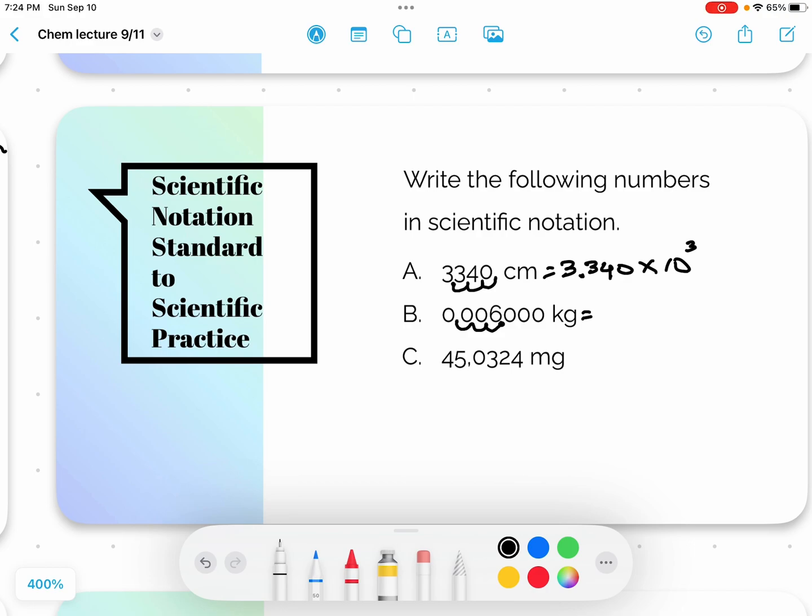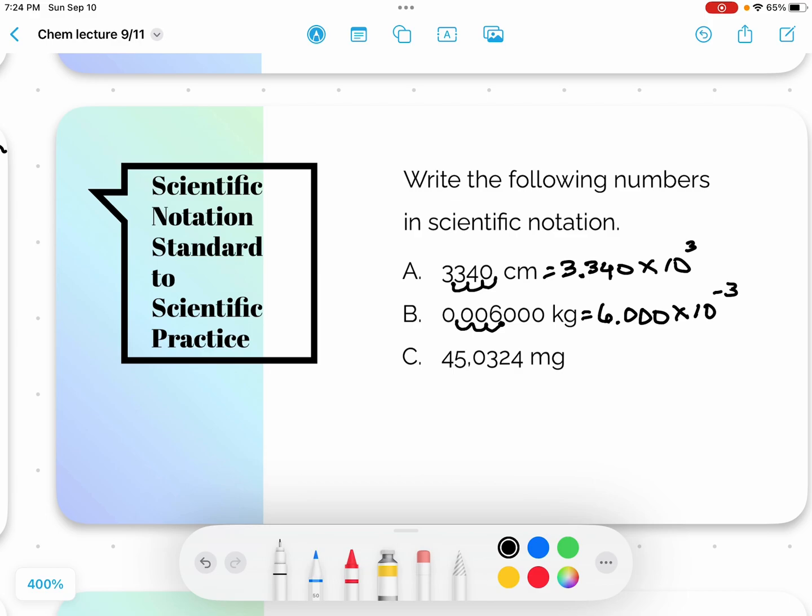It's going to be 6 point, and these 3 zeros in the back here are significant, so I'm going to write those in. 1, 2, 3 times 10 to the 1, 2, 3. Since I moved it to the right, it's going to be a negative 3. Make sure you can actually read that.